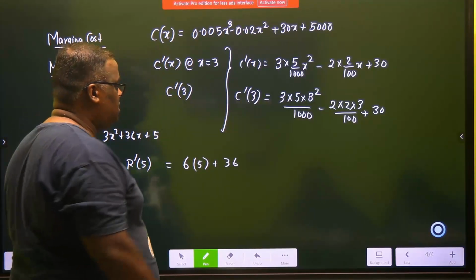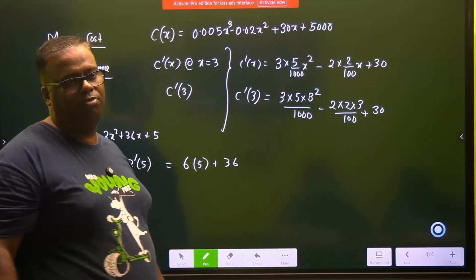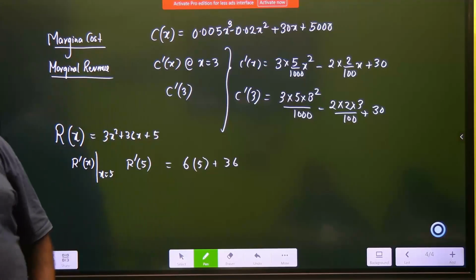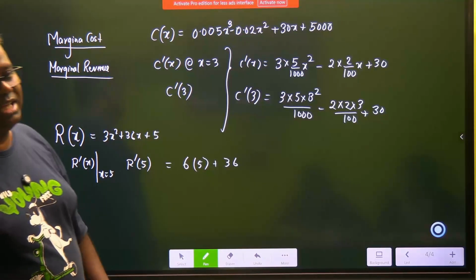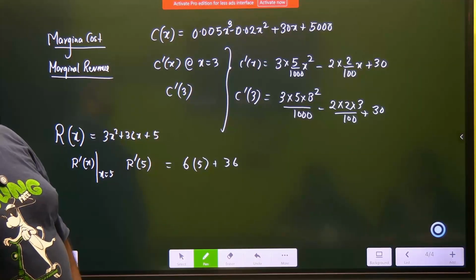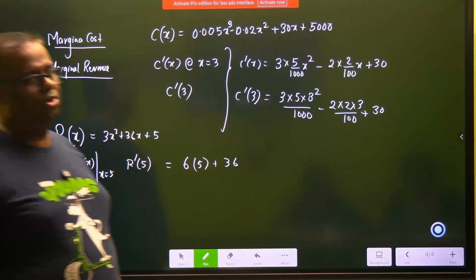So 66 rupees is the marginal revenue for 5 pieces. If you sell 5 extra pieces, you are going to get 66 rupees more.